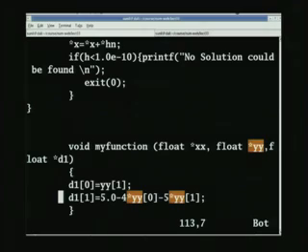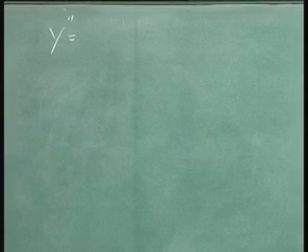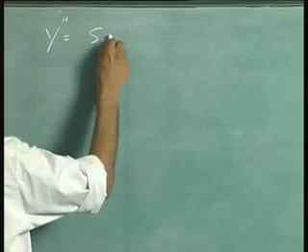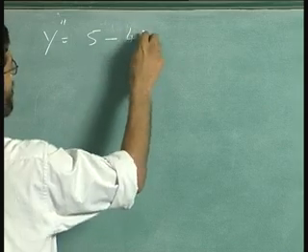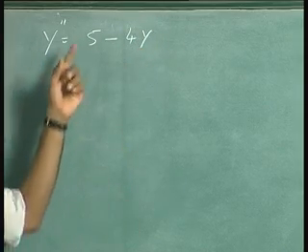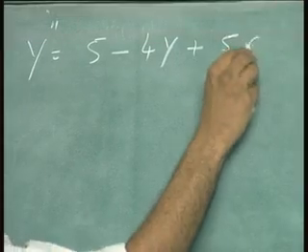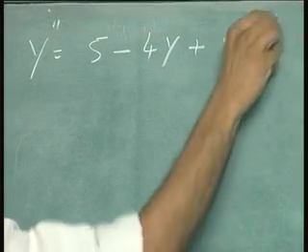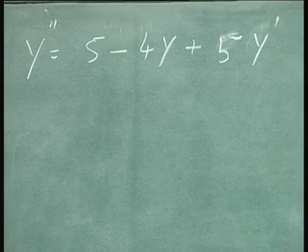It is y double prime equal to 5 minus 4y minus 5 y prime. So that's the equation which we are going to solve.